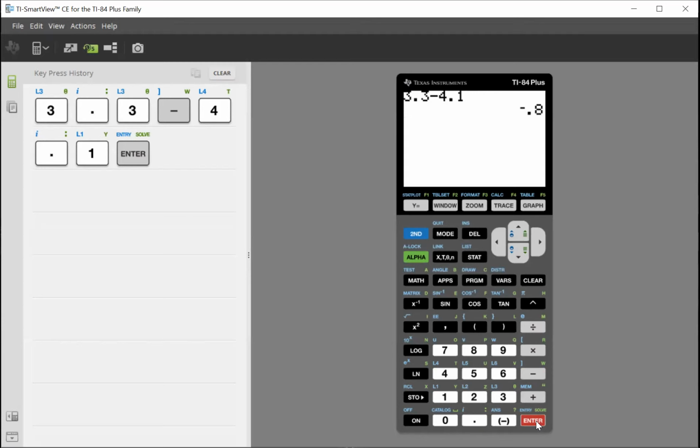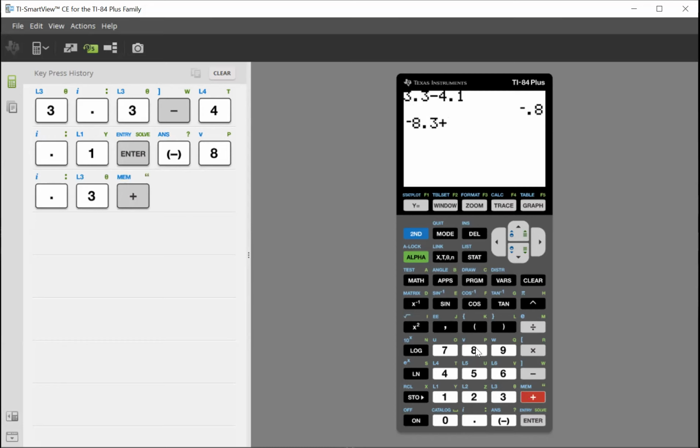Now remember on the bottom, I had negative 8.3 minus a negative 8.8. I'm going to make that a positive 8.8. So I got negative 8.3 plus 8.8. Now you could do minus a negative 8.8 if you don't turn it into a plus. It'll still give us the same answer.